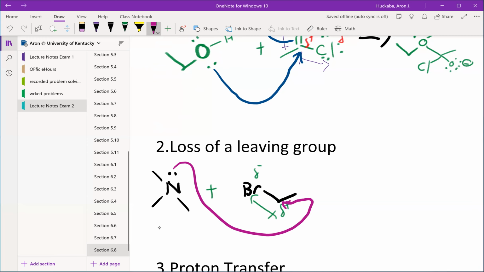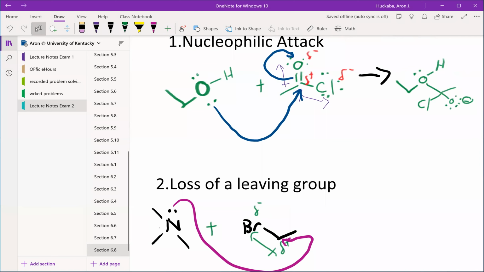to attack that carbon. And here's where the loss of a leaving group event takes place, because now that carbon would have 5 bonds to it, right? And carbon doesn't want to have 5 bonds. But unlike the above example, where we could just push electrons onto the oxygen, we don't have a resonance structure we can form.